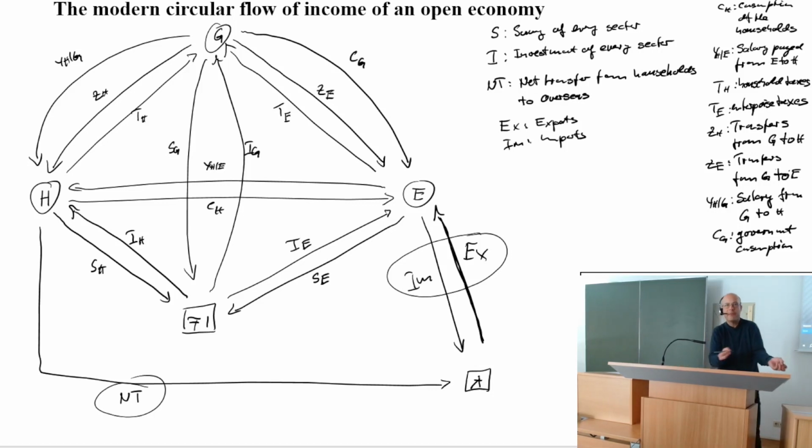And for this, we define also an arrow which is closing our circular flow, so that in the end, at every sector, we can match inflows and outflows.